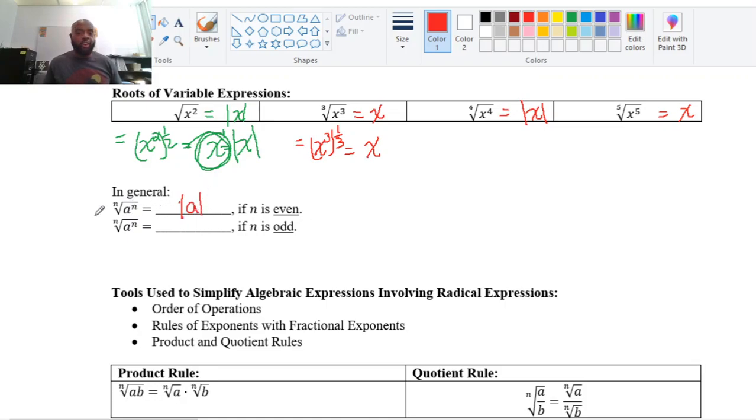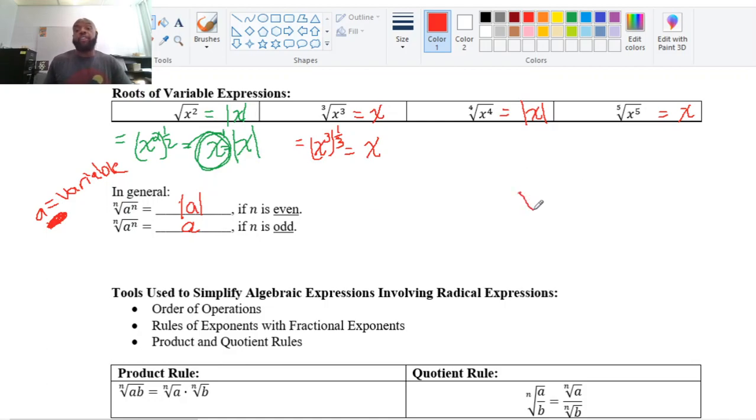And actually, this is a variable, so a equals a variable. Okay? A variable expression. I know above, I want to be clear, above we used a as a real number, right? If a is a variable expression. All right, and then here, the nth root of a to the n is just a if the index is odd.